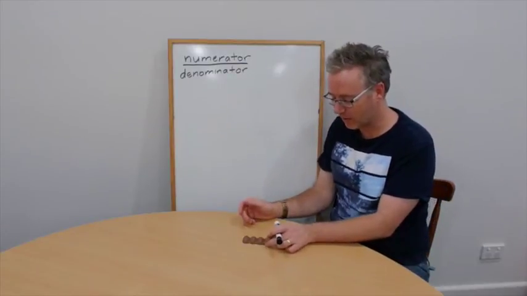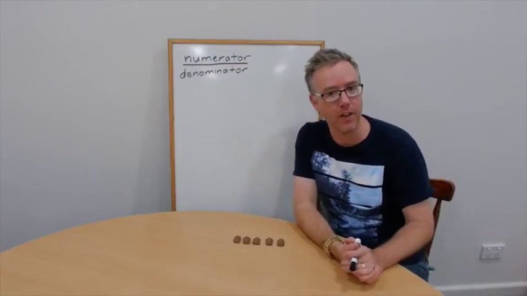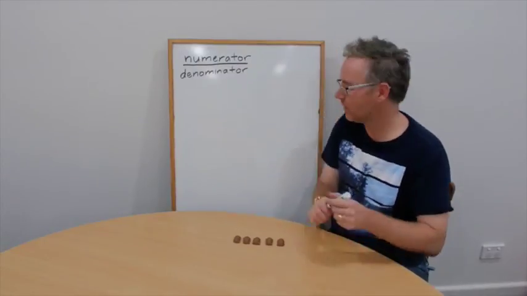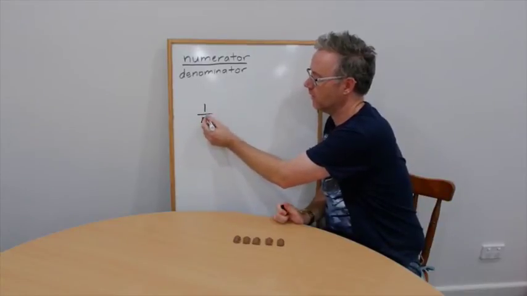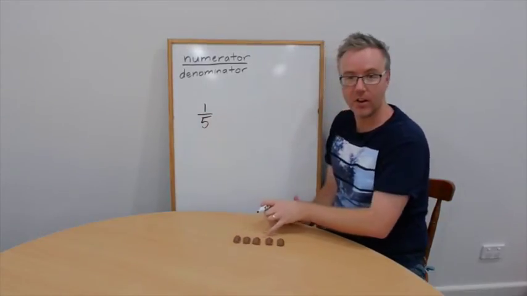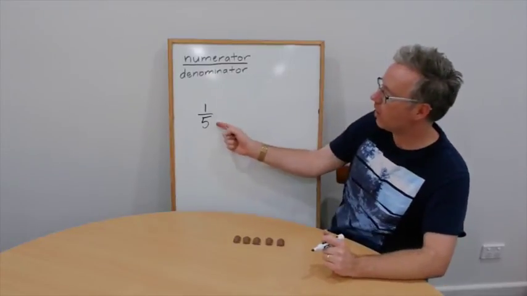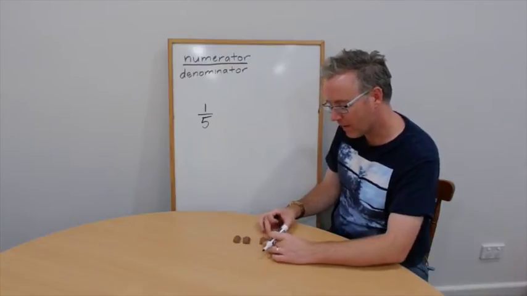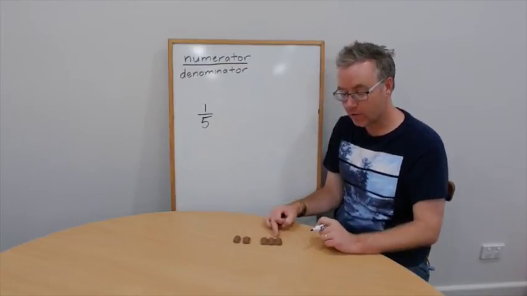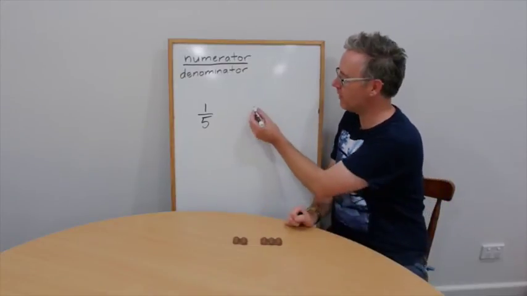Here I have a chocolate bar that's divided into 5 equal parts. Each of those is 1 of the total of 5. Of course, I can now group that. Here I've got 3 of the 5, and here I've got 2 of the 5.